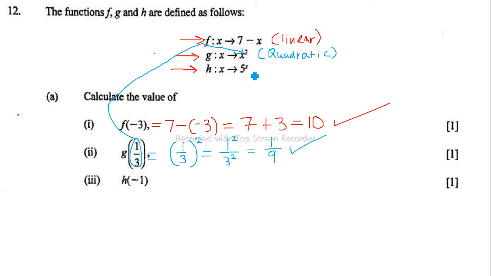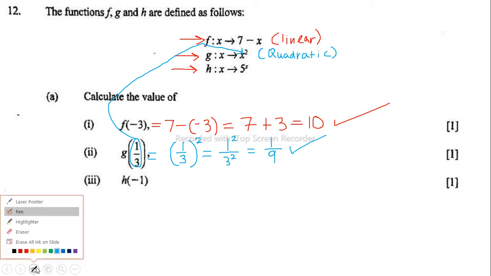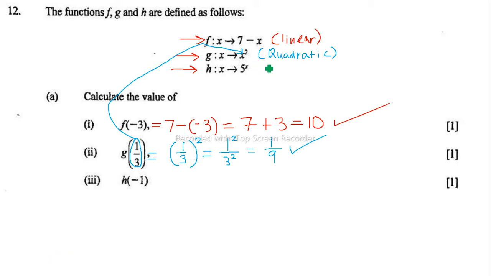And this one is, I don't know if anyone knows what this one is, 5 to the power of x. We call that, anyone know? Anyone knows? 5 to the power of x.